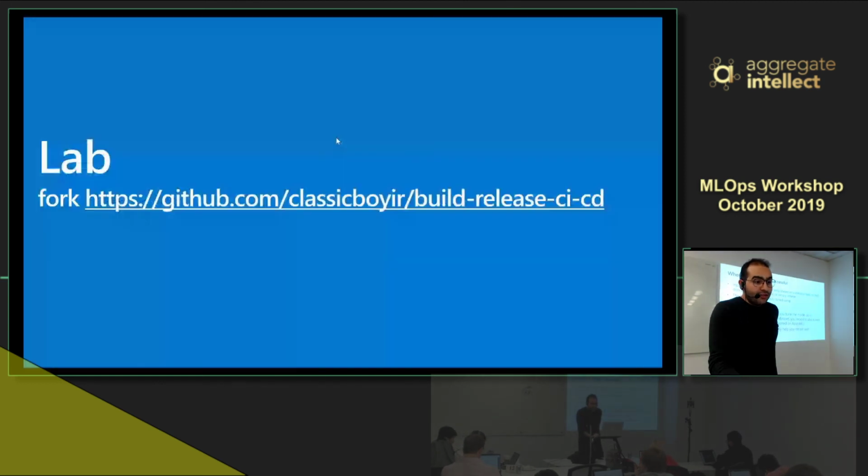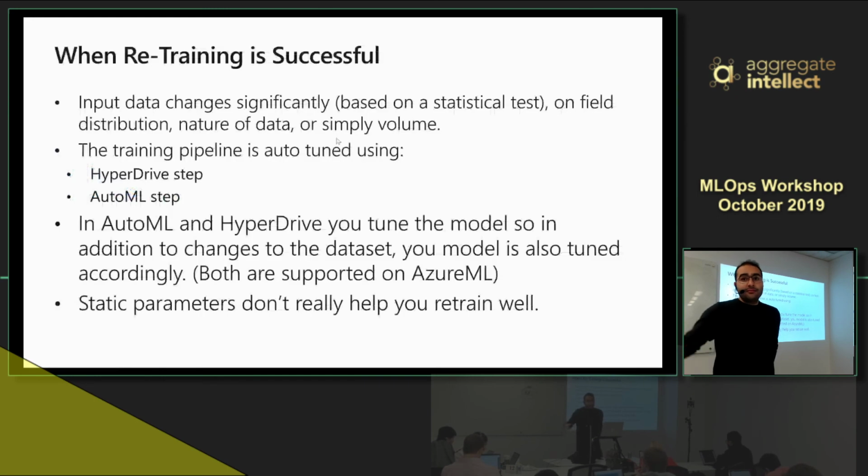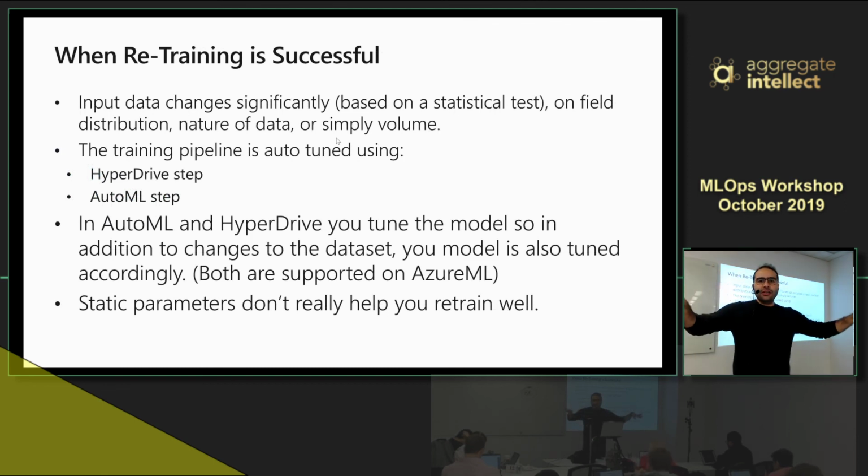Especially if you have thousands of models. Say you want to predict the energy for a retail store, and they have 2,000 stores, for instance in Canada. You cannot train a single model and use it everywhere.